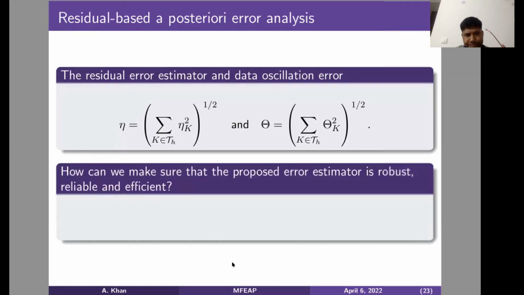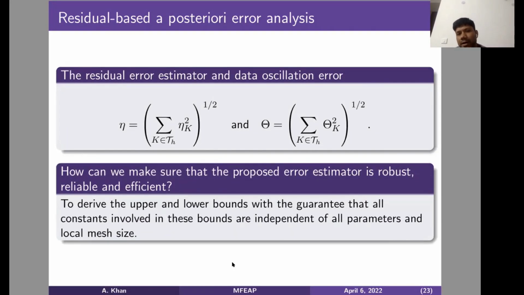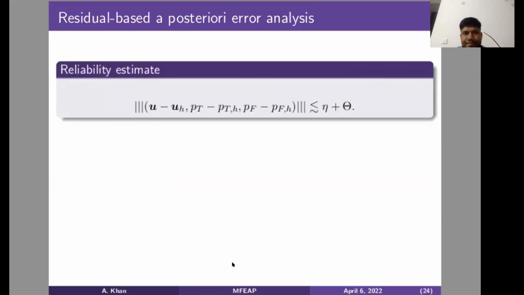And then how can we make sure that the proposed estimator is robust, reliable, and efficient? So we derive upper and lower bounds, with the guarantee that the constants are independent of the mesh size as well as all the parameters of this PDE. So we prove the reliability estimate. I'm not going to discuss the proof.